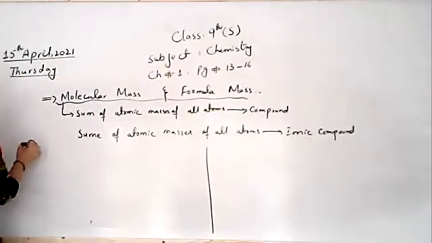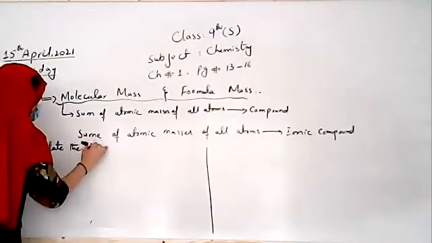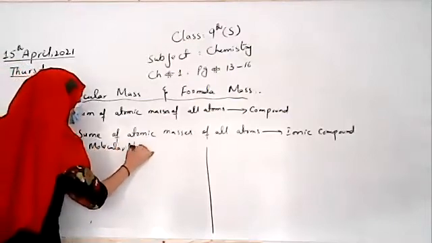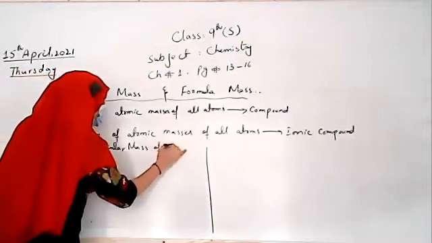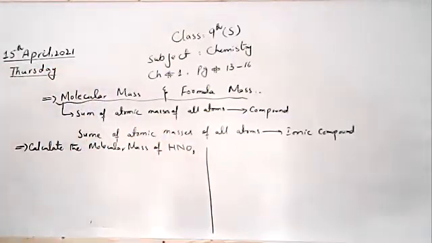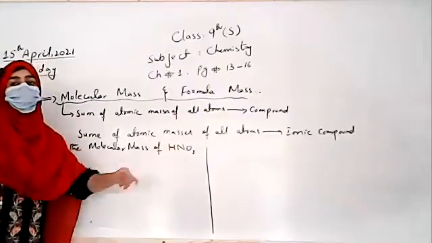Calculate the molecular mass of HNO3. First of all, we need the atomic masses of hydrogen, nitrogen and oxygen.